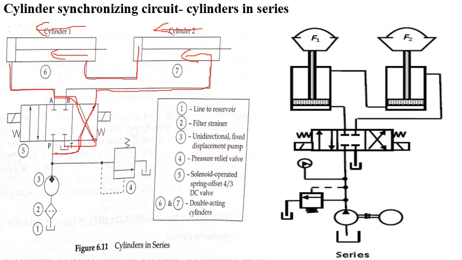At the same time, oil from the blank end of cylinder 2 is forced to the rod end of cylinder 1, and thus cylinder 1 also retracts. Now the oil returns to the tank from the blank end of cylinder 1 through the direction control valve. Okay, this is the operation of synchronization of two cylinders that are connected in series.